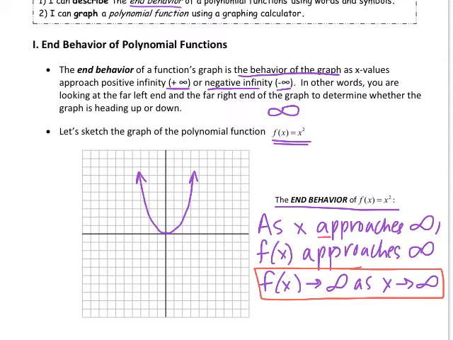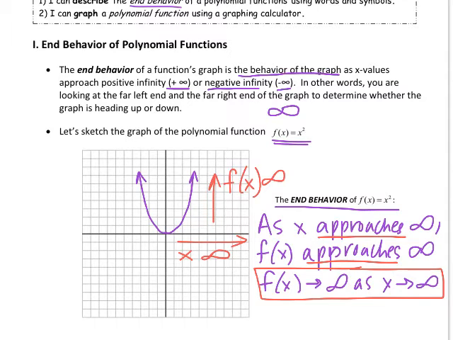So the arrow really just means as it approaches that value. And when I was looking at the graph, when x gets bigger and bigger, so when x gets closer to infinity, guess what the graph does? The graph goes up, and therefore the graph itself is going toward infinity as well.